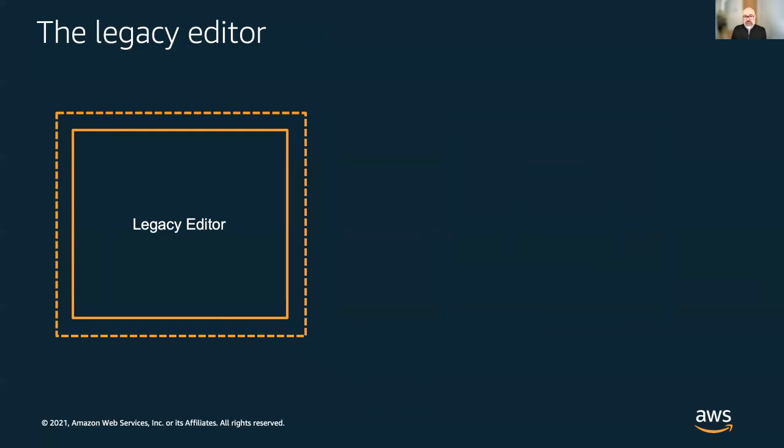So suddenly you have this legacy editor that is written with a different technology and maybe has a different way to communicate with the external world that doesn't fit inside your architecture. So you need to maybe create what is called an anti-corruption layer between your application, so your microfrontends application, and the legacy editor.